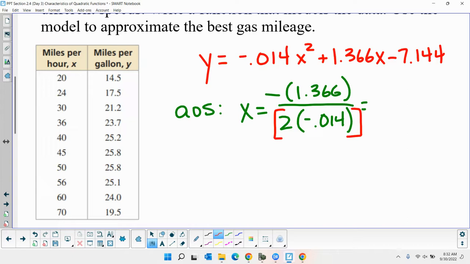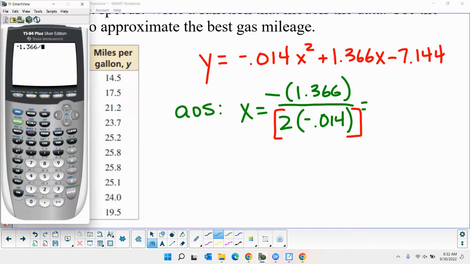But you want to divide by that whole thing, which is negative 0.028. We just do it in our head. But I'll put it in like you guys probably did. You've got to put an extra set of parentheses. So you get 48.7.